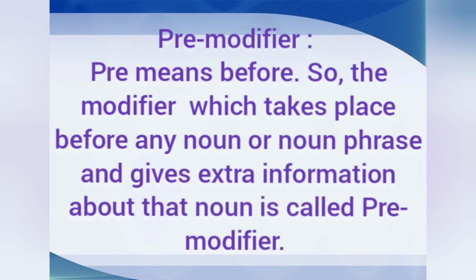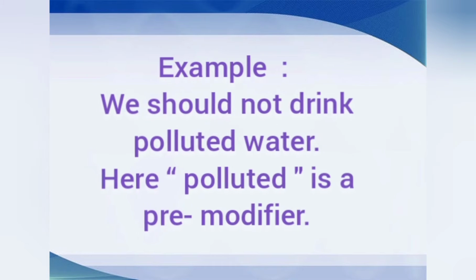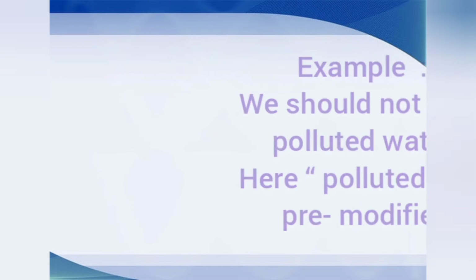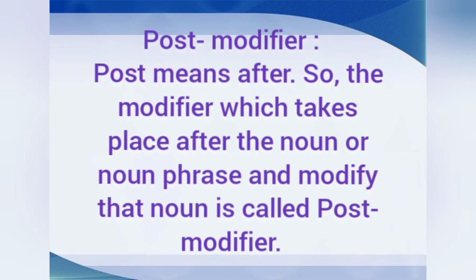So, the modifier which takes place before any noun or noun phrase and gives extra information about that noun is called a pre-modifier. Example: we should not drink polluted water. Here, polluted is a pre-modifier because it takes place before the word water and gives extra information about this water. So, it is a pre-modifier.